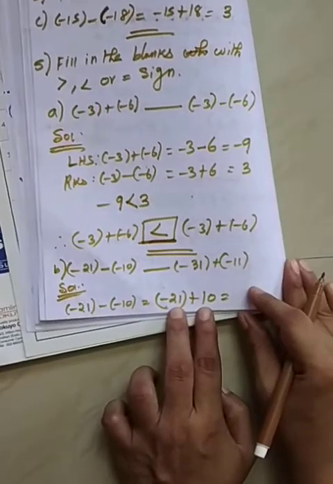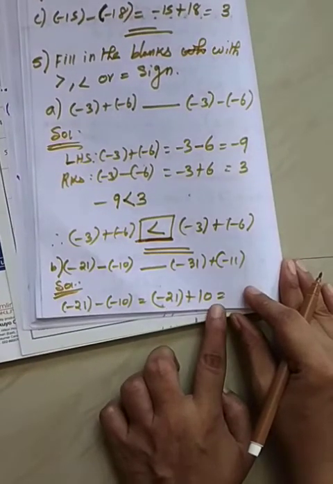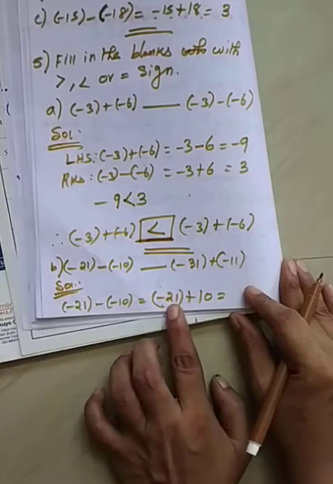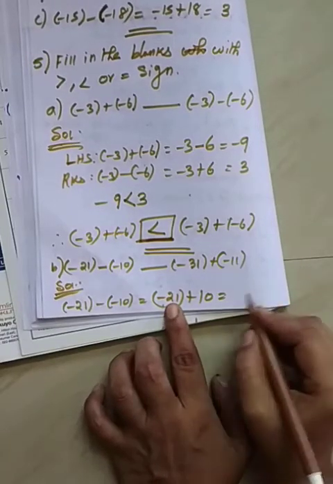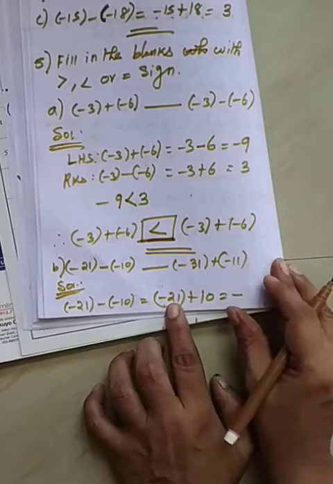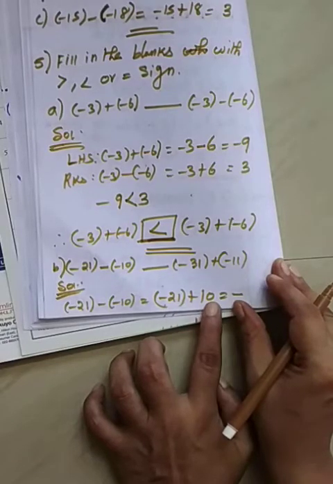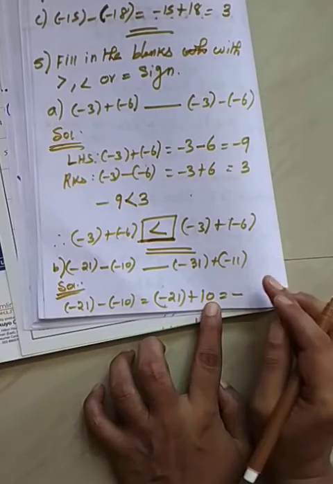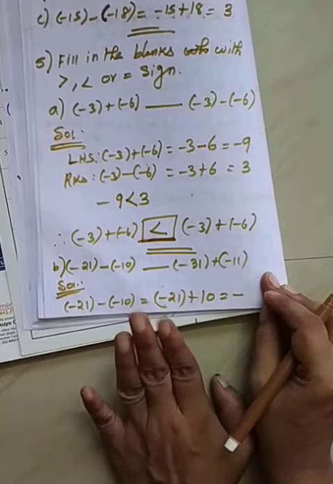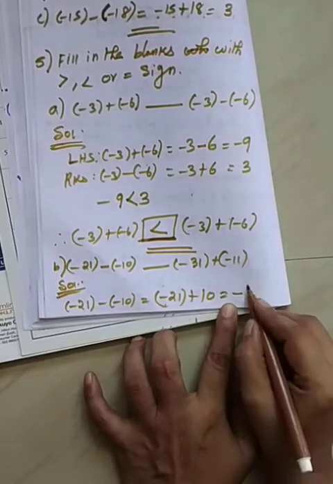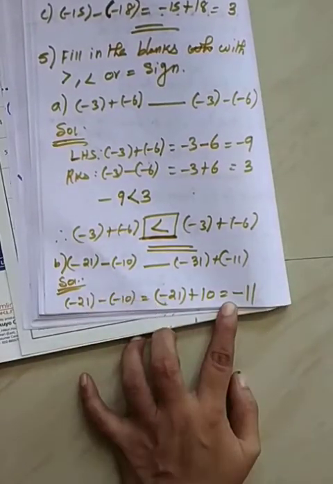What is minus 21 plus 10? Which value is the largest? 21. What is the sign? Minus. Now you have to subtract the largest value to smallest value. What is 21 minus 10? 11. So minus 11 is the left hand side.